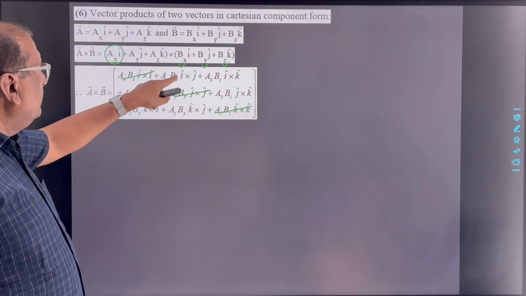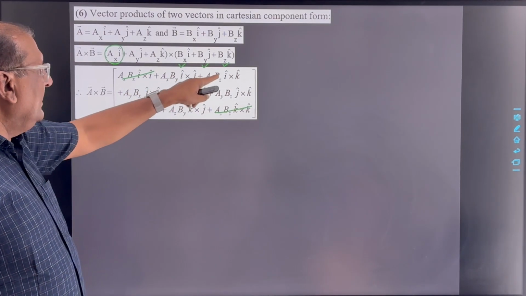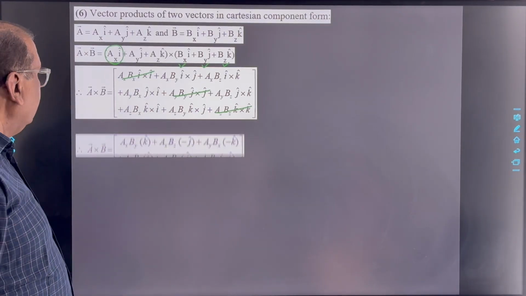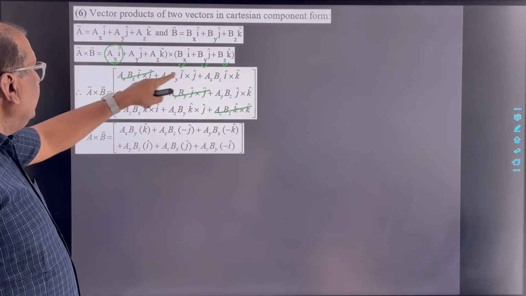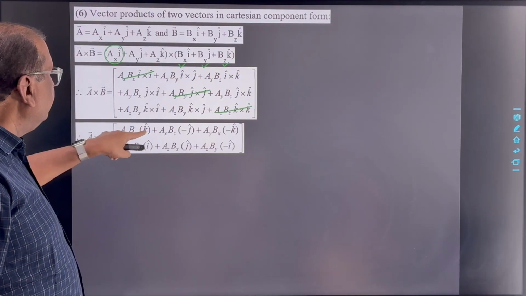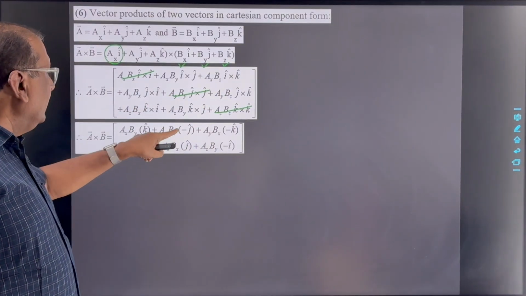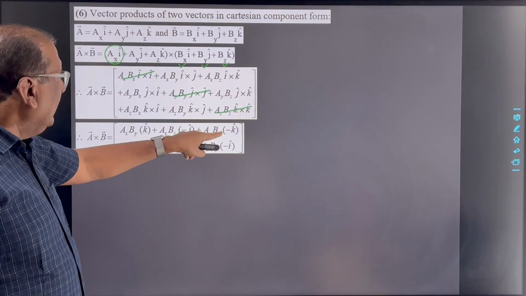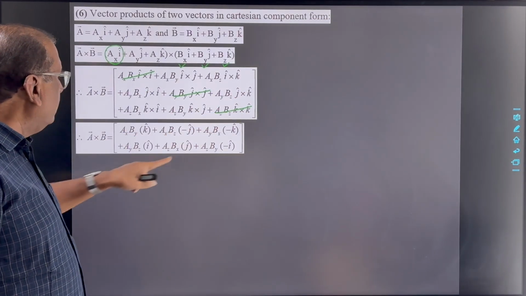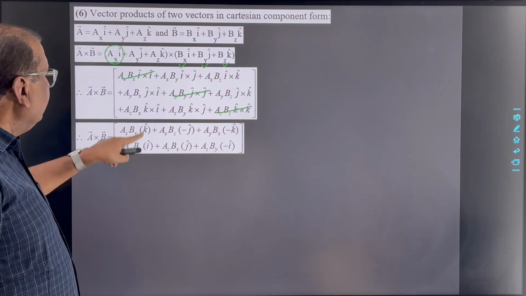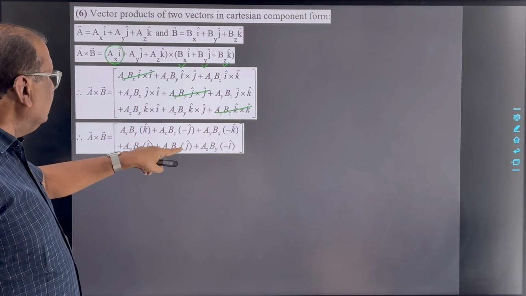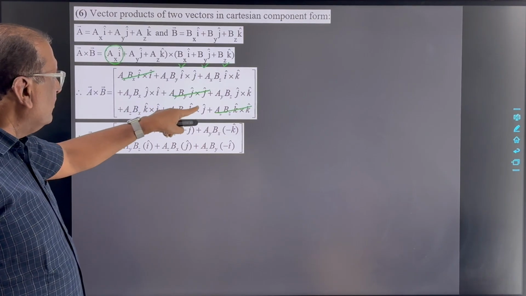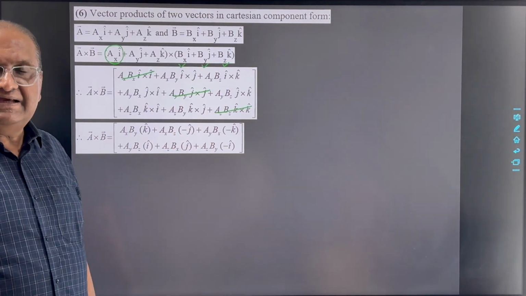And now substitute the values of i cross j, i cross k like this. So i cross j is k. Then i cross k is minus j. Then j cross i is minus k. Then j cross k is i. Then k cross i is j. And k cross j is minus i.